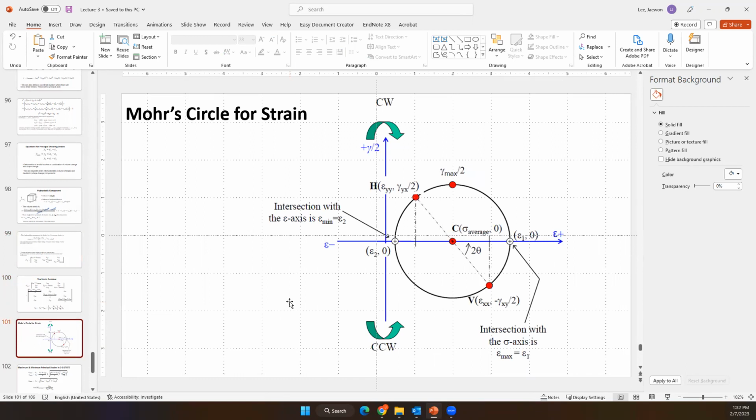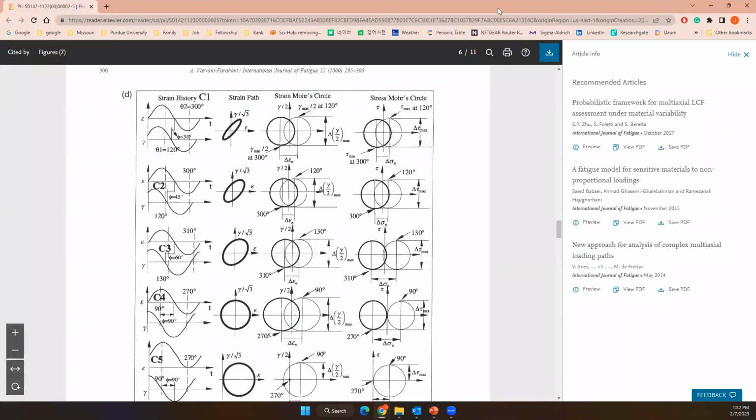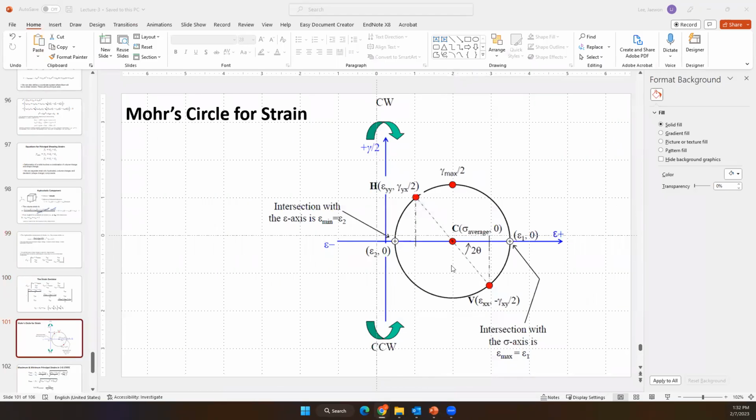Finally, we also create a Mohr's circle for strain, which we showed in the first paper like that. So the Mohr's circle of the strain can be expressed like this. This is the maximum strain. This is the minimum strain.